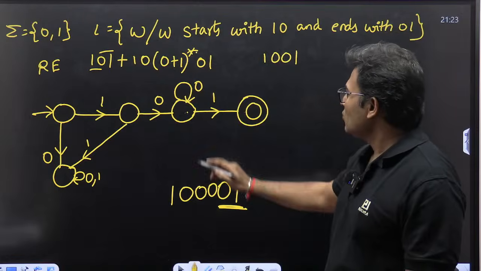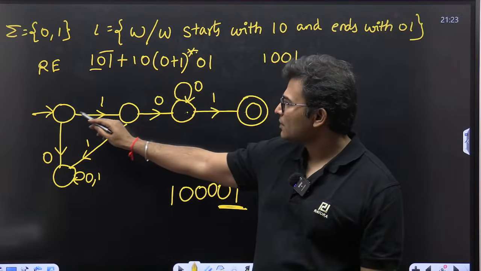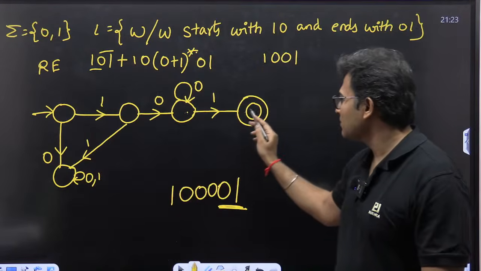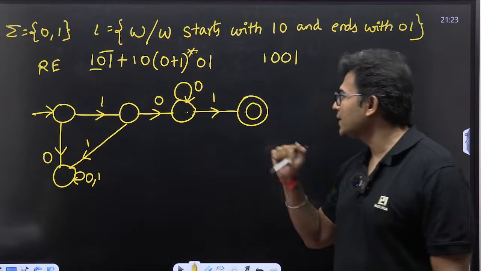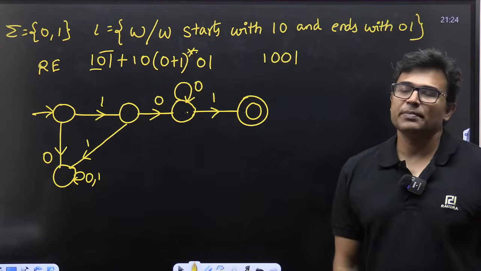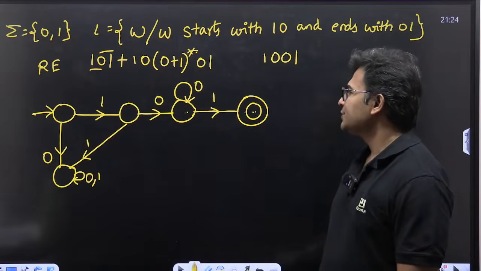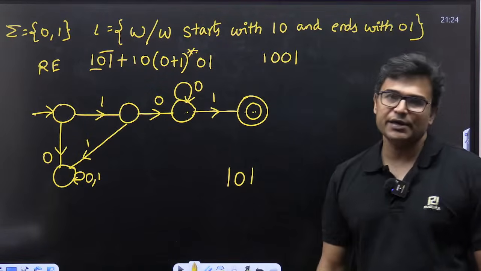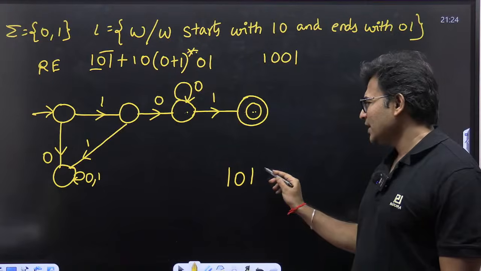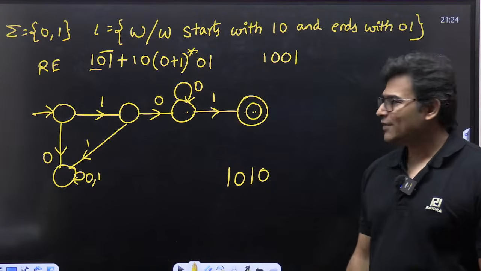Okay. Now this state is complete, this state is complete, this state is complete. This is the only state which is not complete, right? What if I get a 0 here? See, how did I reach this state? By seeing 101, right? What if I get a 0 here? Again, I have to wait for a 1.